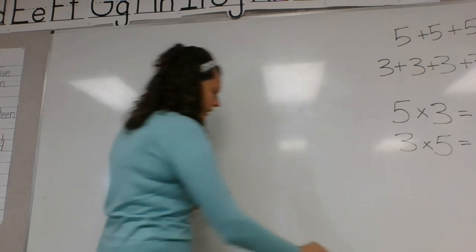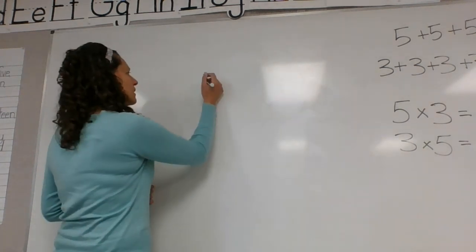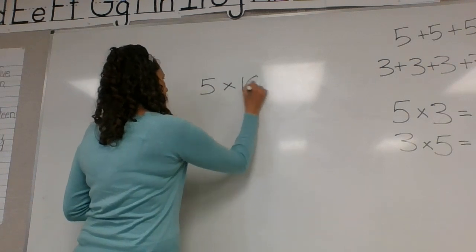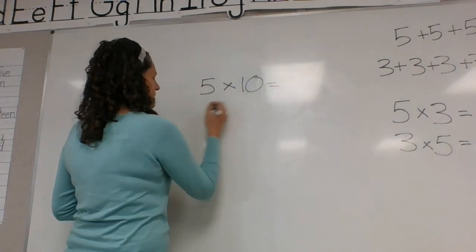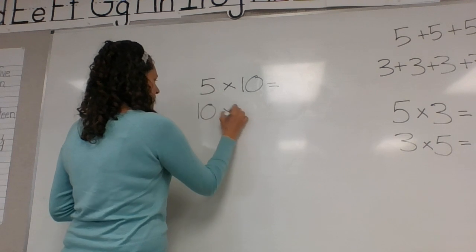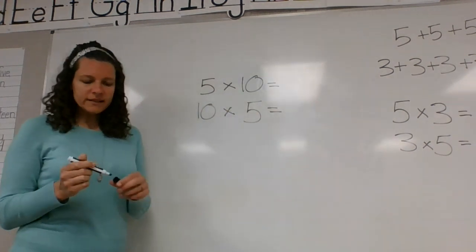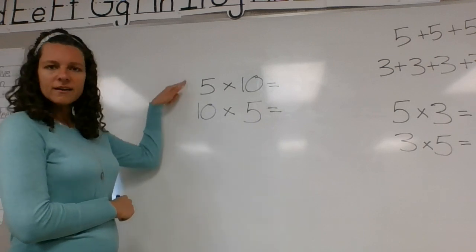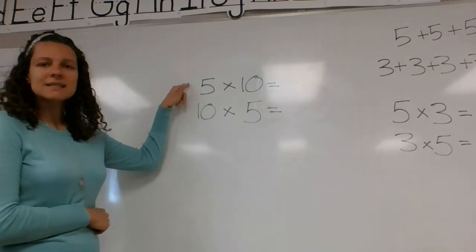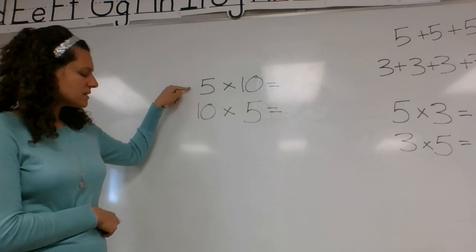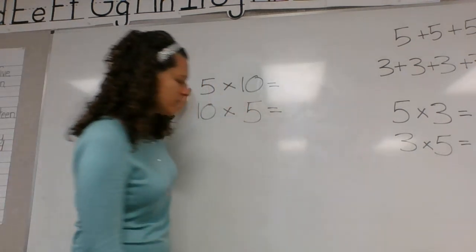So let's just put up an example. 5 times 10 is going to be the same thing as 10 times 5. We can figure it out either way that we want to. We can skip count by 5s 10 times.